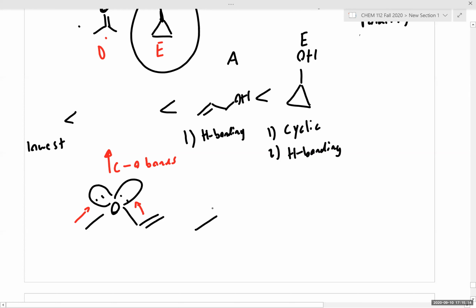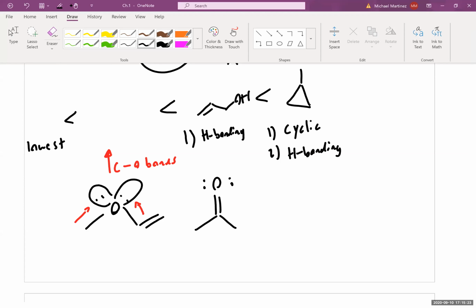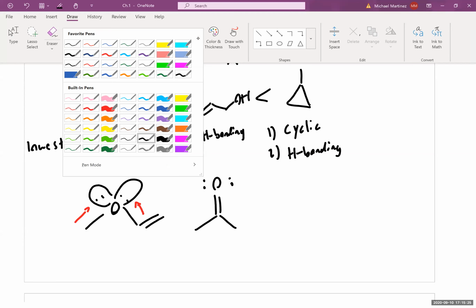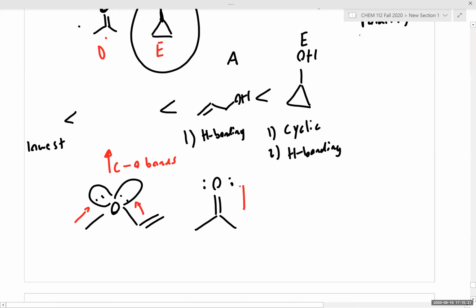Comparatively, when we look at aldehydes and ketones, they are planar, and we have this very strongly polarized carbon-oxygen bond. There's really a large amount of partial negative character on our ketone oxygen and partial positive character on our ketone carbon.